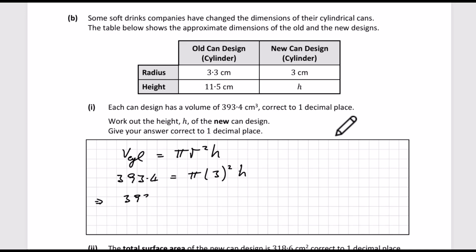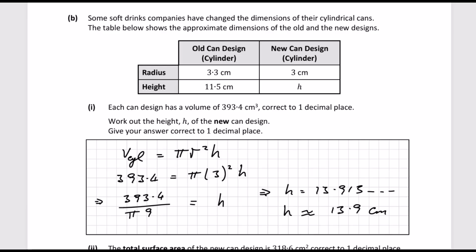We can take 393.4, divide by pi, and divide by 9. 3 squared there is just 9. And that'll leave h on its own. So h is equal to 13.913 and so on. We want this to one decimal place, so our answer is 13.9. It's a height, so we're looking at centimeters. And that's it for that part of the question.